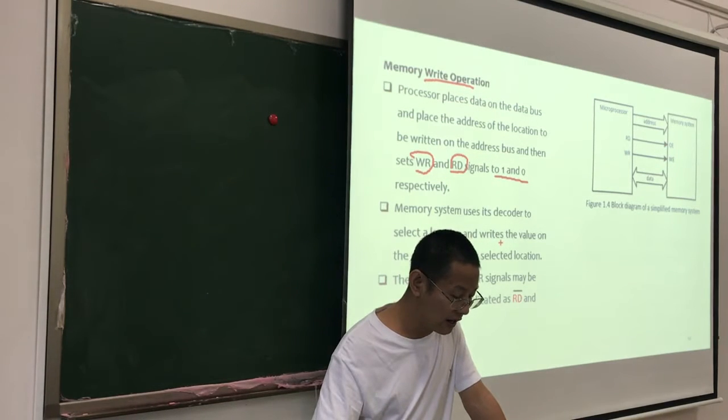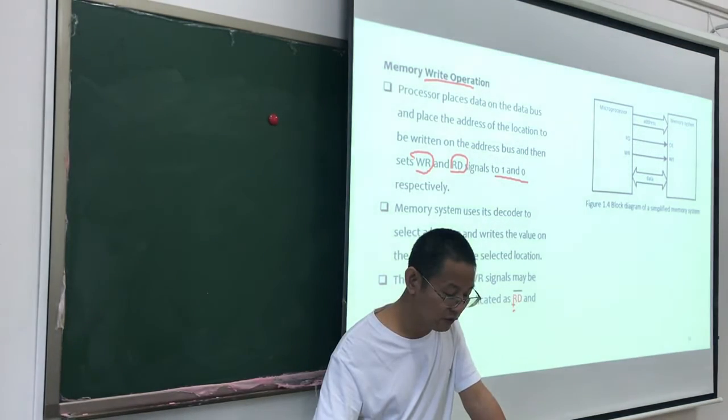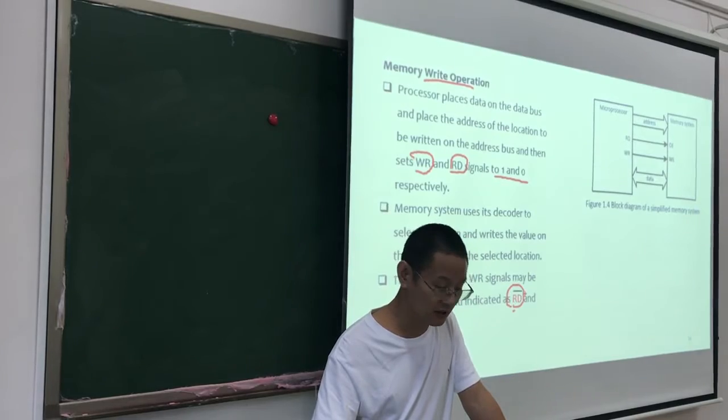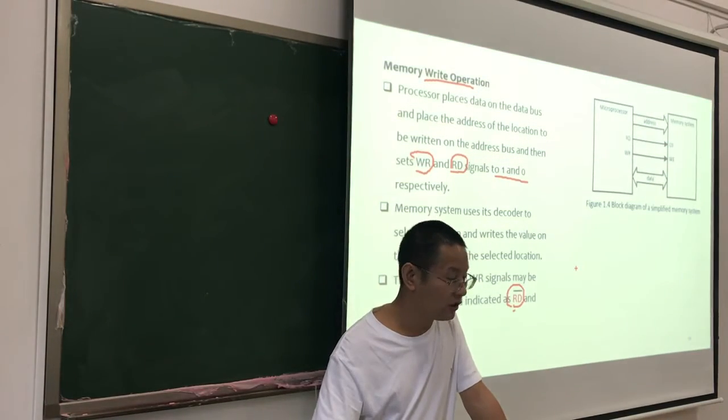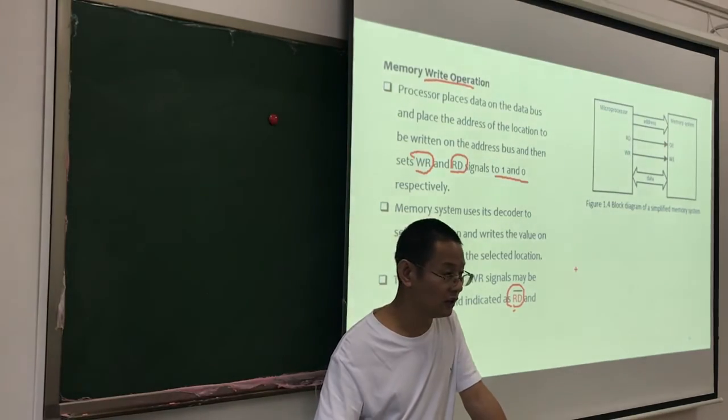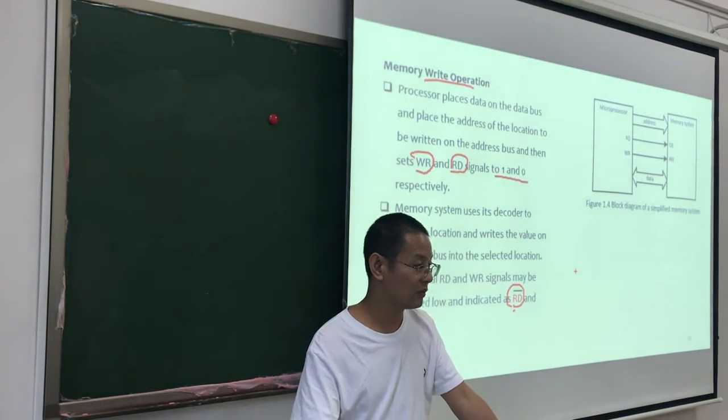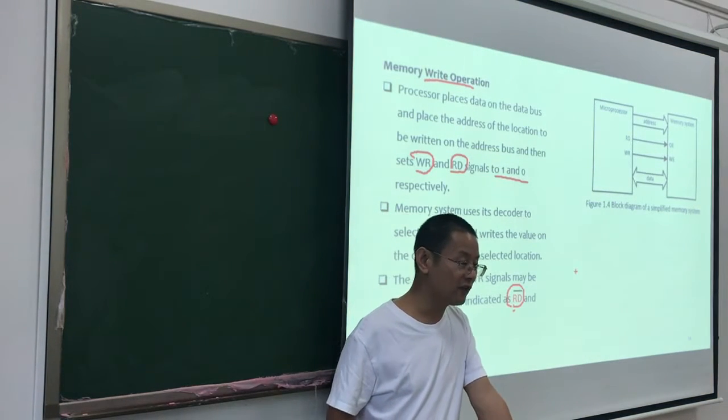The actual RD and WR signals may be indicated as RD bar and WR bar, which means if you have a line over the symbol, the lower voltage means 0. 0 is effective.